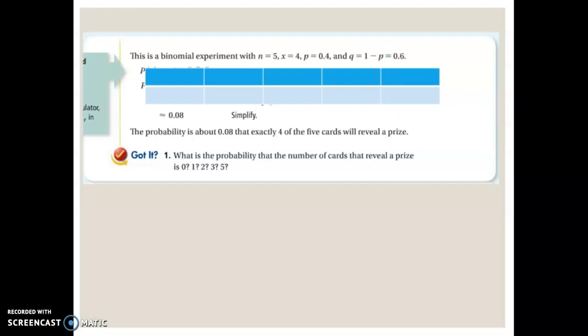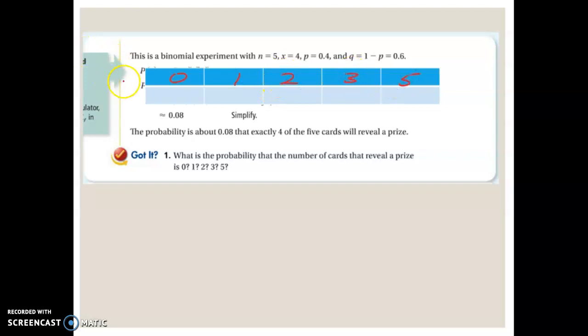We've got the probability. They want a 0, 1, 2, 3, 5. So these are the other ones beyond the 4. 1, 2, 3, and 5.